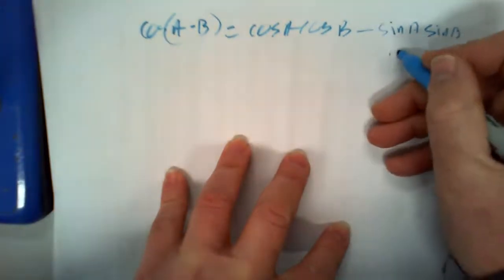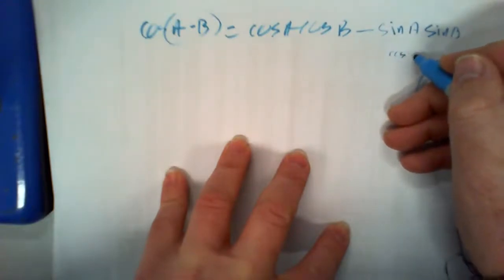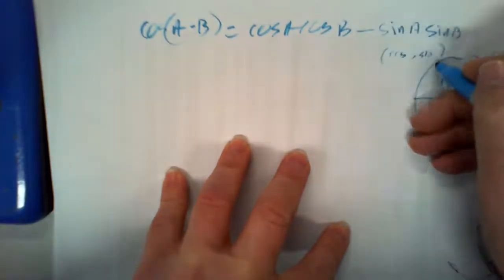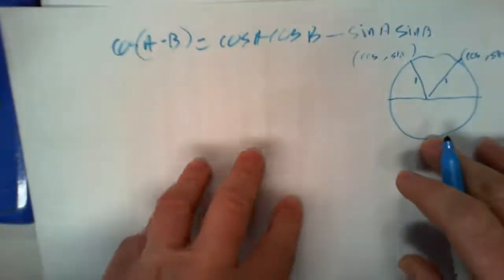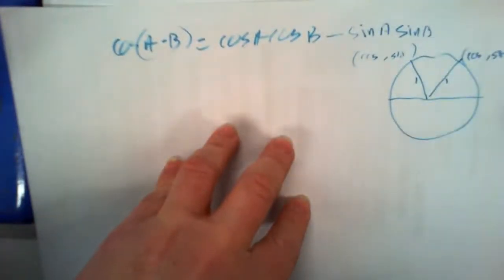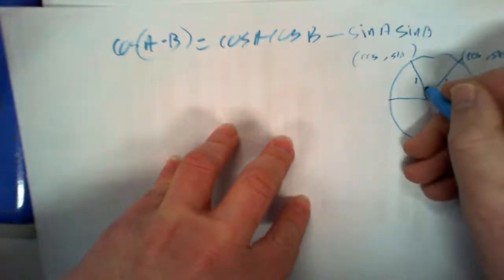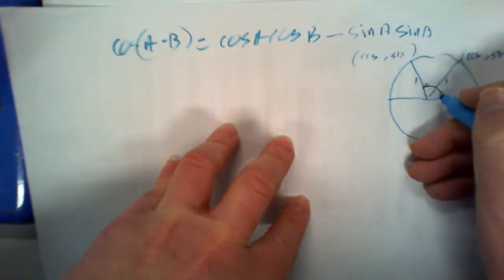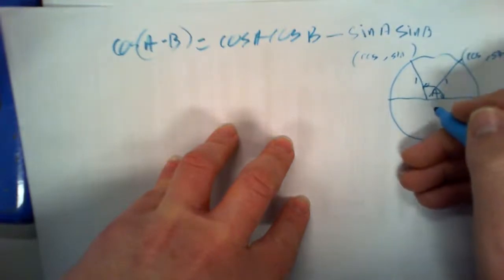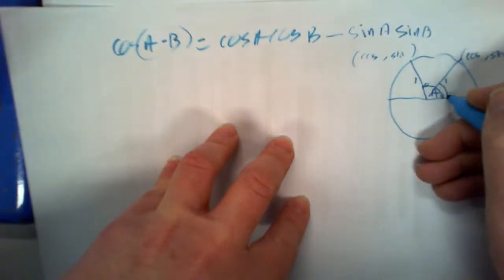Let's put some labels on these to make it easier later. Let's start with the angles. Let's say this angle from here to here represents A, and this little one here represents B.